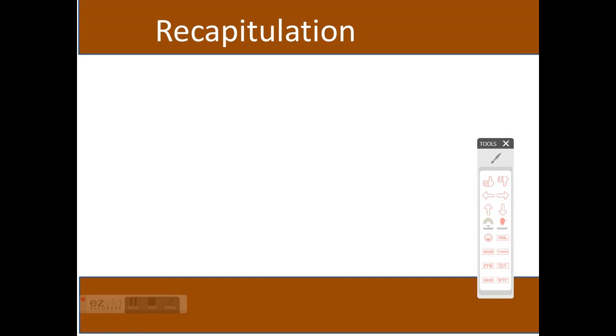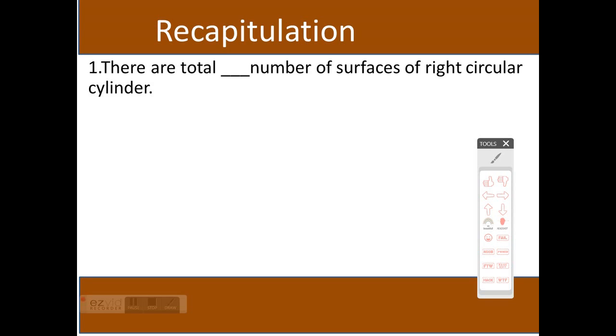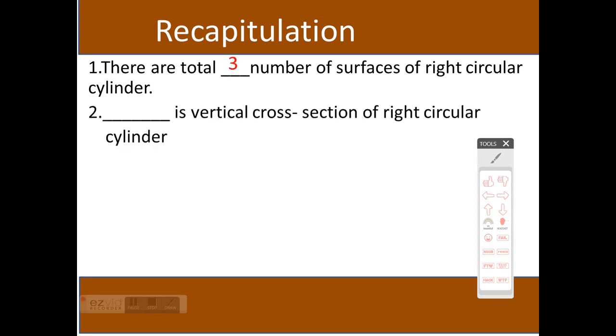In the end of the topic, let us recapitulate what we have already studied. There are total dash number of surfaces of a right circular cylinder, that is 3. Dash is the vertical cross section of a right circular cylinder, rectangle.